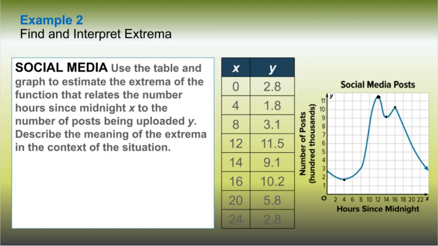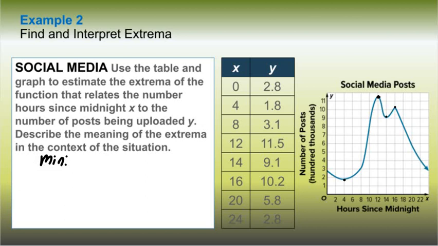So let's go from left to right. Here we have a relative minimum, and it's a relative minimum because it does go down based on what we see on the right-hand side. Actually, that would probably be the lowest point, so we'll just make that a minimum. That would be 4 hours.